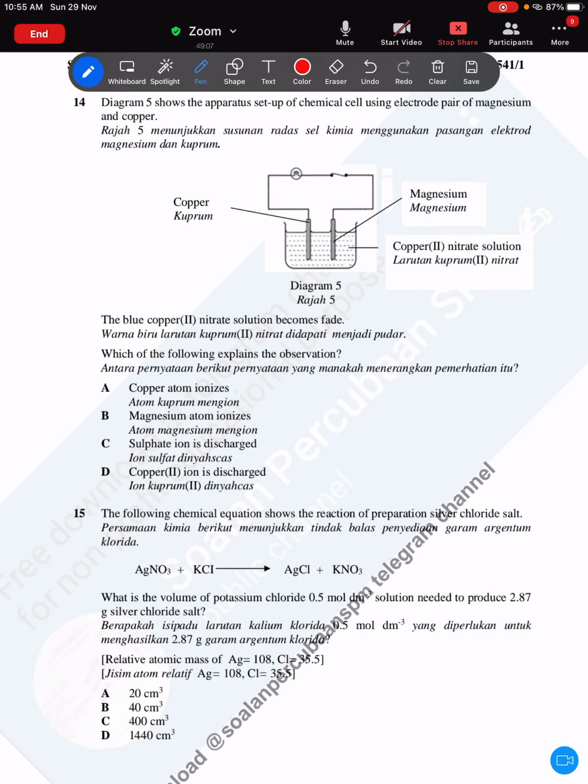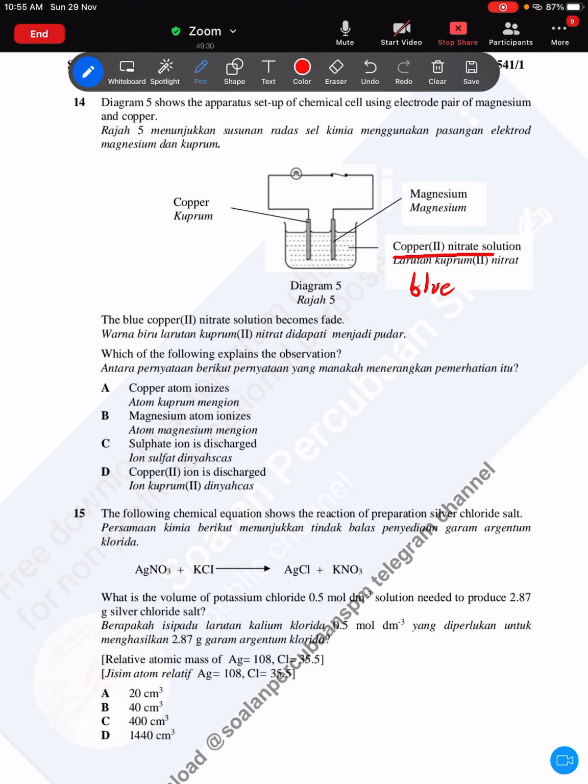Diagram 5 shows the apparatus set up for a chemical cell using electrodes of magnesium. This one is a chemical cell. Of course, it will produce electricity. Okay, my dear students, they're using copper nitrate. Copper nitrate is blue in color.